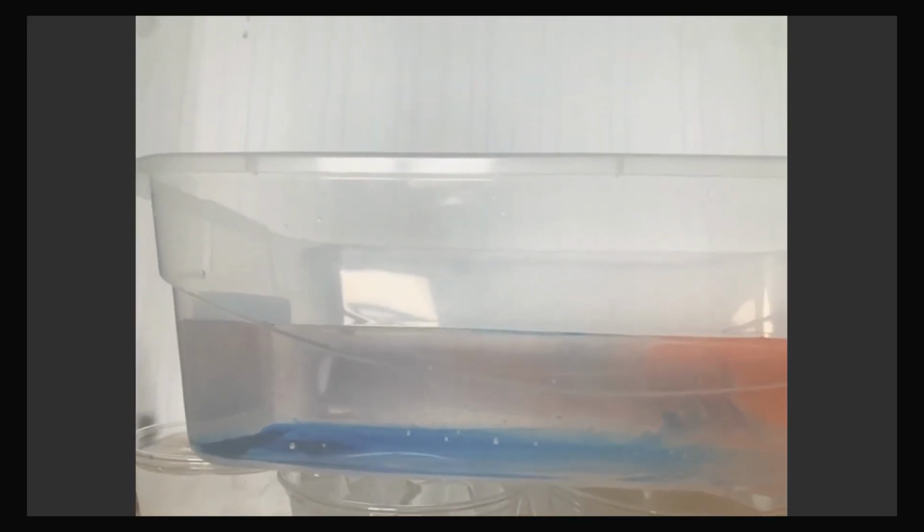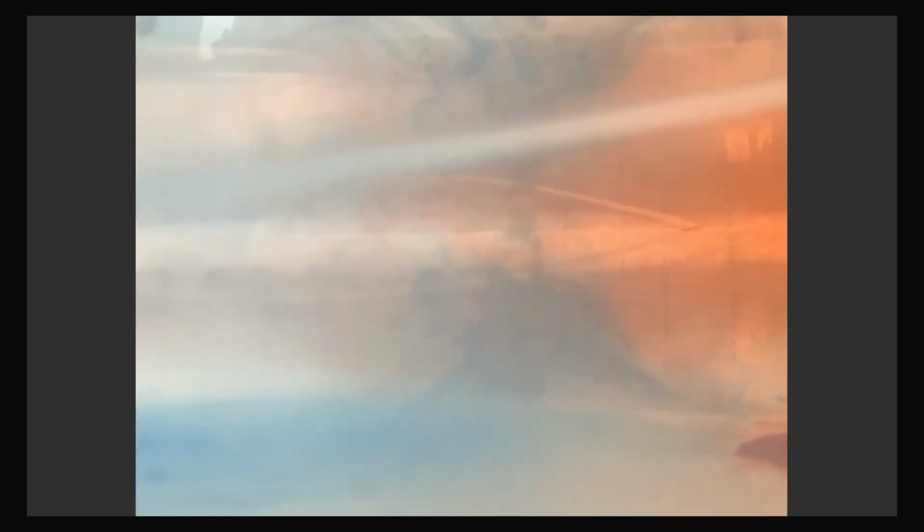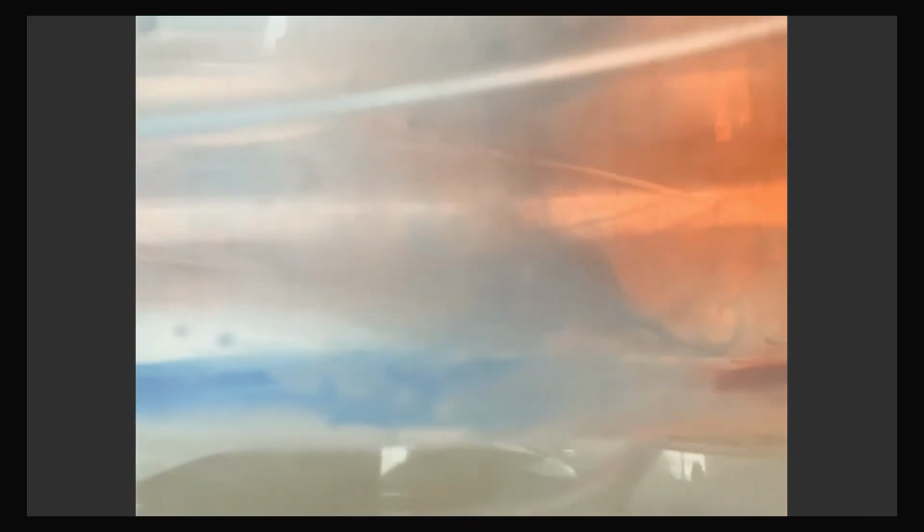So once it gets over here, now the blue, you can see, the blue is starting to rise. So once it gets over the water, it's starting to go up. And now the red is dissipating over here and getting over the cold and starting to fall down.